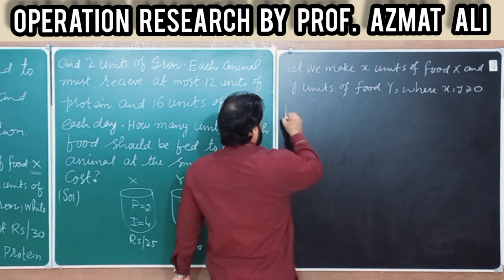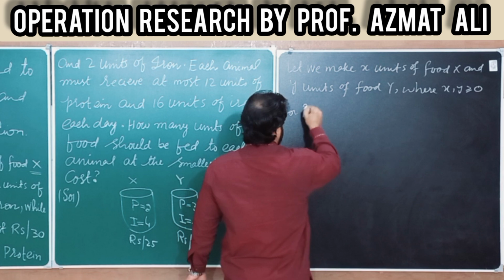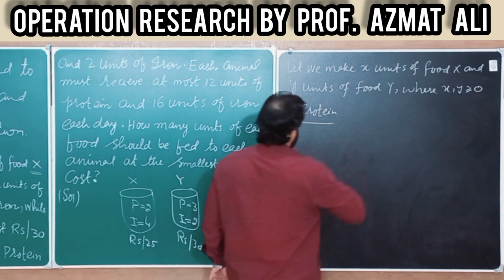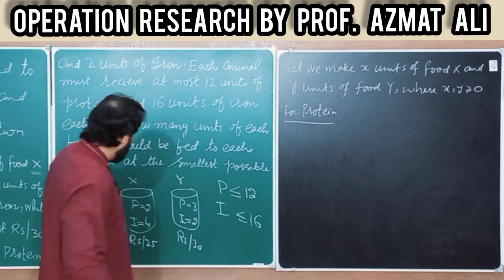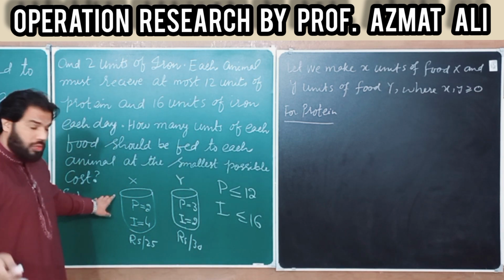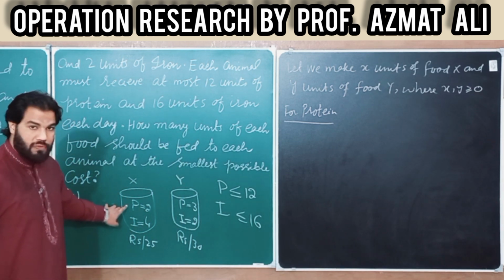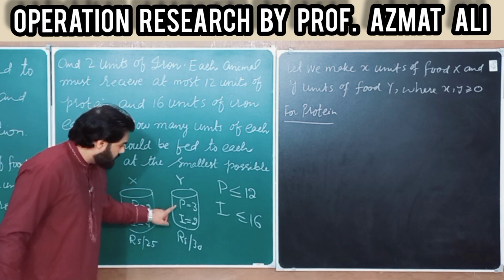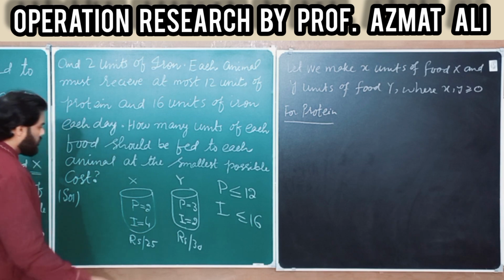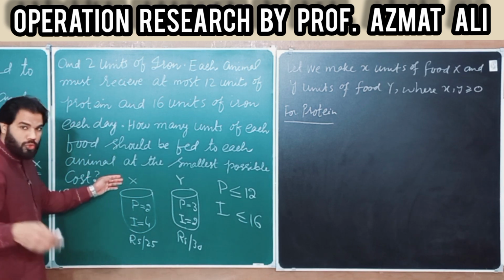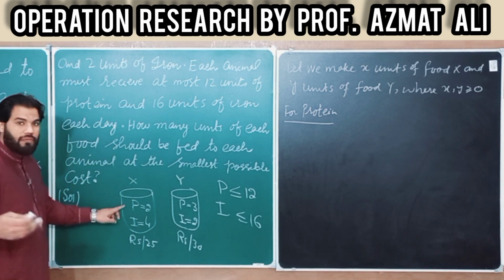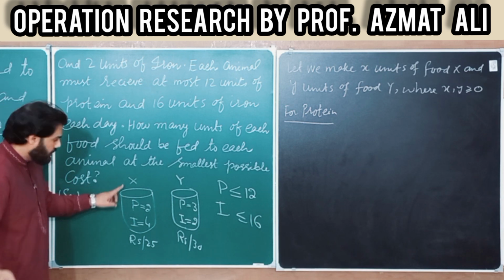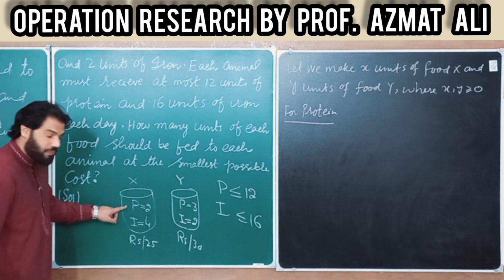Inequality for protein: as per unit of food X contains 2 units of protein and per unit of food Y contains 3 units of protein. Suppose I make 2 units of food X, then the number of protein will be 4. If I make 10 units of food X, then the number of protein will be 20.